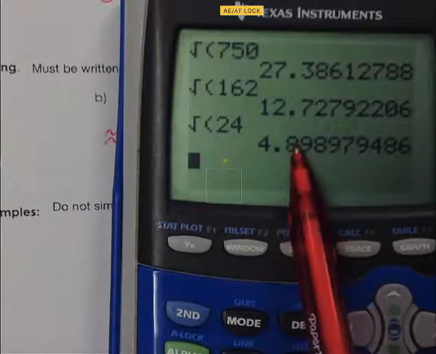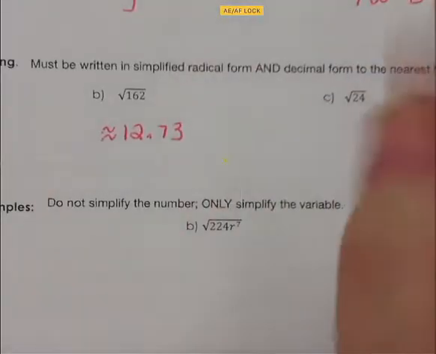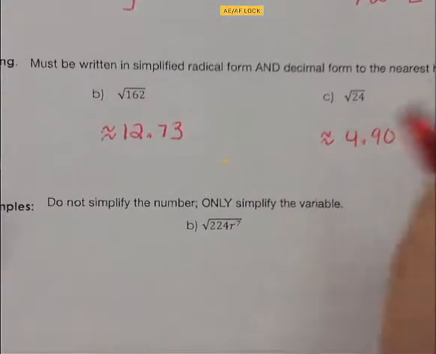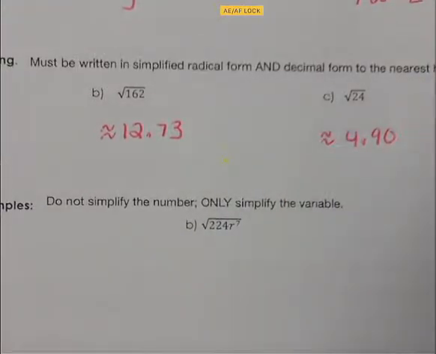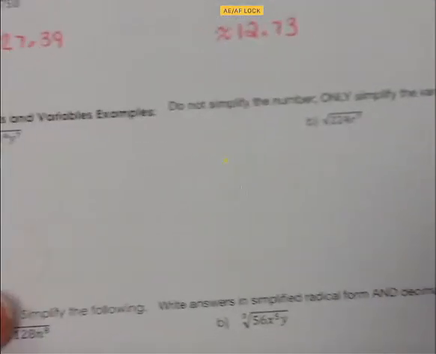So this is really 9, 0, so 89 goes up to a 90, so it's 4 and 90 hundredths, or 4 and 9 tenths, so approximately 4 and 9 tenths. Now you don't change that to a fraction because this should be a decimal. So those are getting the values in your calculator for decimal values.